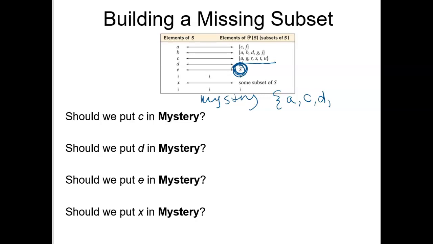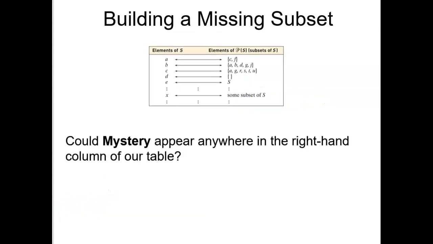What about X? X is some subset of S. Since they don't tell us the specific subset, let's just write down our decision process. We'll put X in mystery if X is not in the subset corresponding to X, and we will not put X in mystery if it is in the corresponding subset. And we just keep going on and on. So could mystery appear anywhere in here?